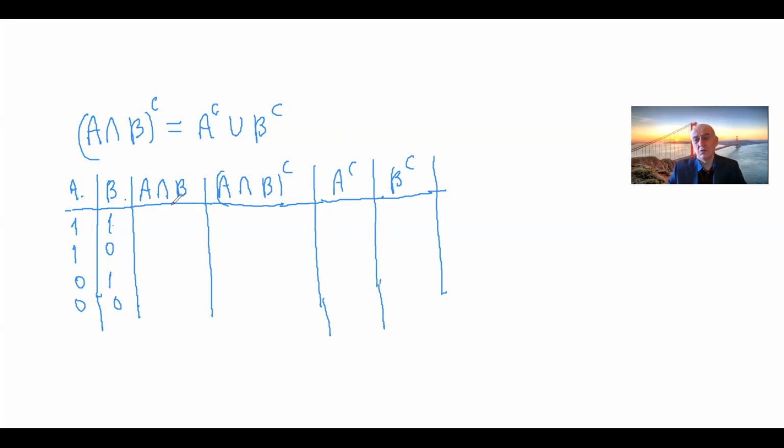Okay, now imagine that this arbitrary element is an element of A and an element of B. This is the first row.